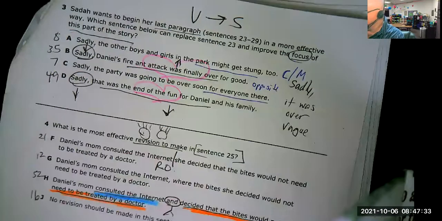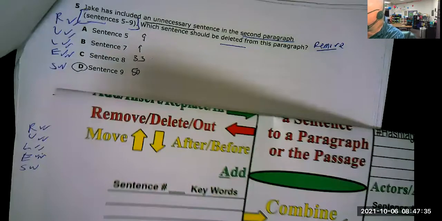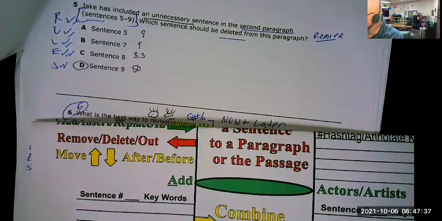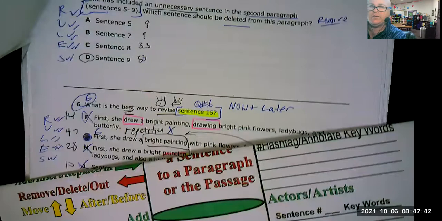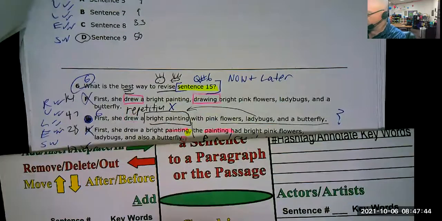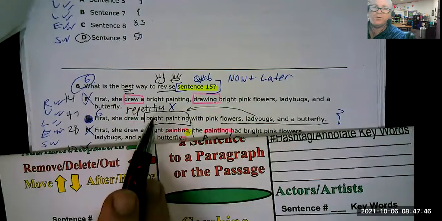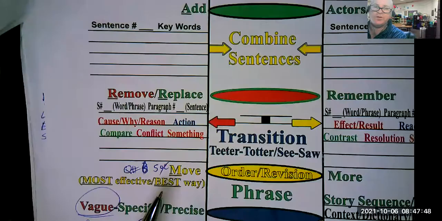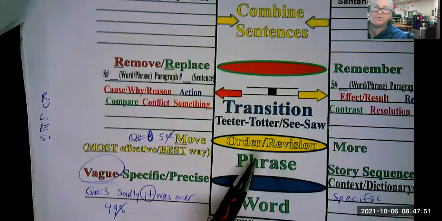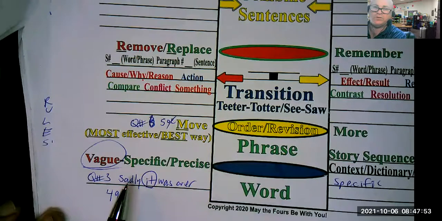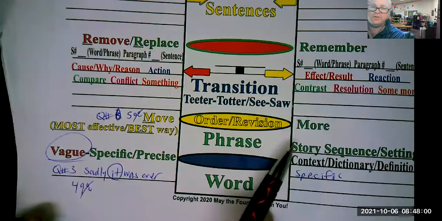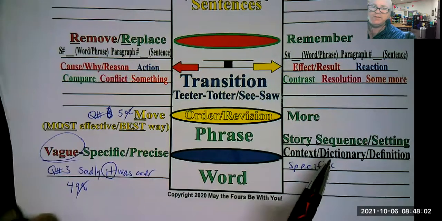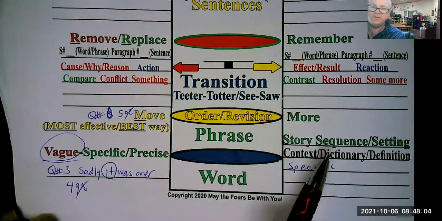It was question number 6. Double checking right there. That was basically changing the order of the words. So question number 6 was the one about the order and revision. Question number 3 was changing what was over to a phrase or a sentence or a sequence that makes more sense based on the context, something that's more specific like we did.